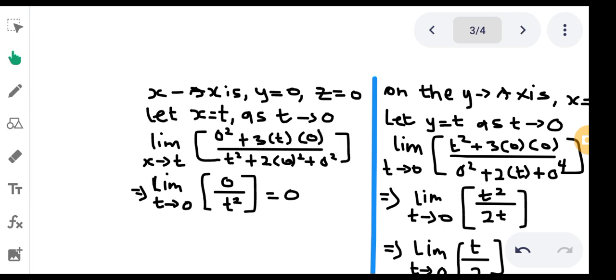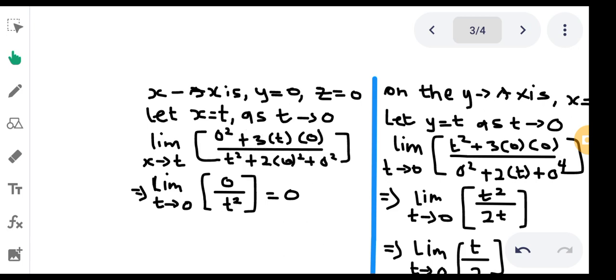So wherever you see x, just substitute t there. That's why we said let x be equal to t. In our question, you just substitute t where you see x. That's the substitution I've done here.